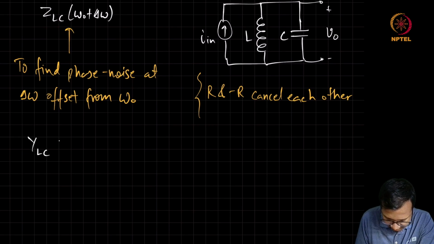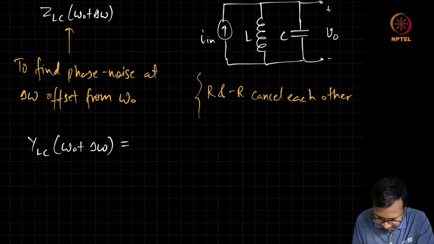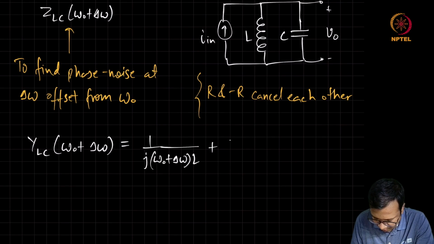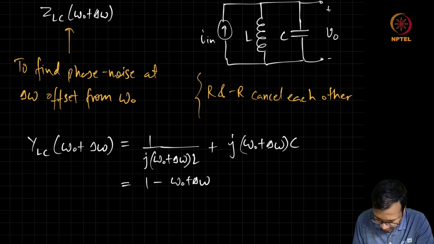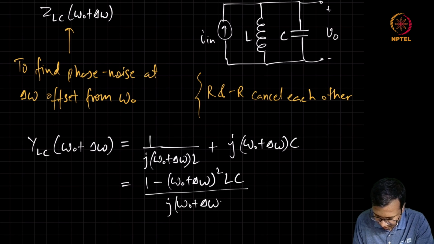So this Y_LC at omega naught plus delta omega is going to be 1 by j(omega naught plus delta omega)L plus j(omega naught plus delta omega)C, which is equal to 1 minus (omega naught plus delta omega) whole square LC divided by j(omega naught plus delta omega)L.